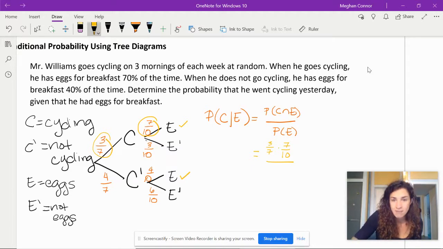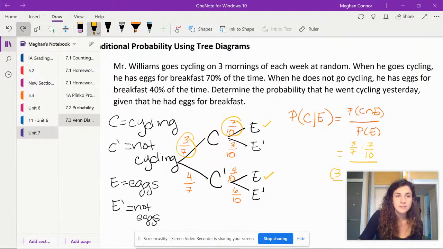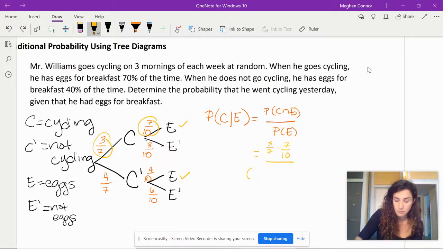So going in here and writing it out, the probability of cycling and eggs is again going to be 3 out of 7 times 7 out of 10 plus, and then not cycling and eggs would be 4 out of 7 times 4 out of 10.